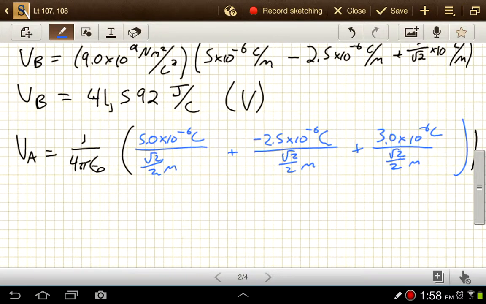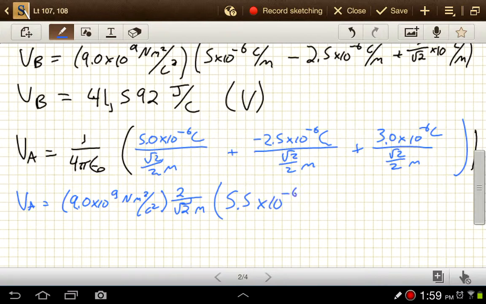So now VA is equal to 9.0 times 10 to the 9th Newton meters squared per coulomb squared. I'm just going to factor out the square root of 2 over 2, so it's divided by square root of 2 over 2, so that's the same as multiplying by 2 over the square root of 2. That's meters on the bottom, and then that gets multiplied by 5 minus 2.5 is 2.5, plus 3 is 5.5 times 10 to the negative 6th coulombs.